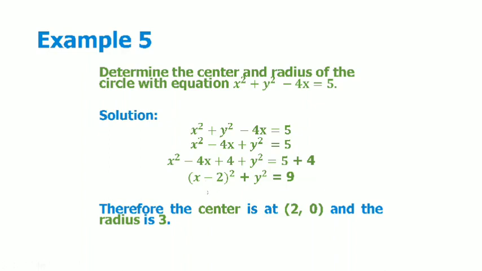Therefore, the center of the circle is at (2, 0). So since this is only y squared, then the k value is 0. And since r squared is equal to 9, therefore the radius is equal to 3. So how did we get 3? Square root of 9 is equal to 3. Okay, so the center is at (2, 0), and the radius is 3.